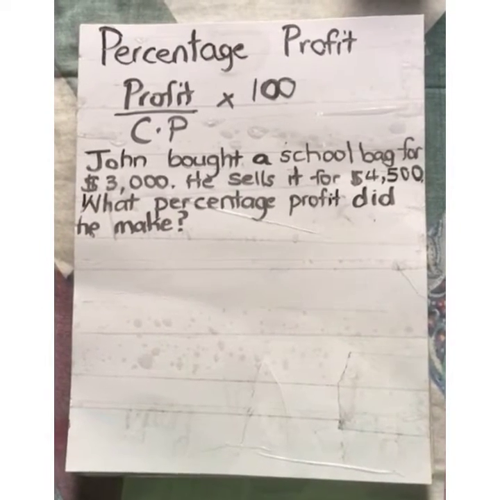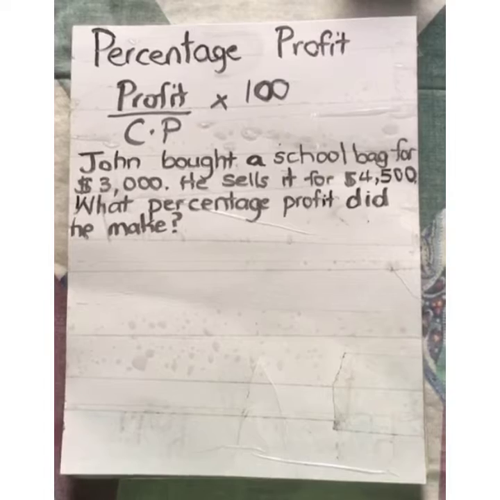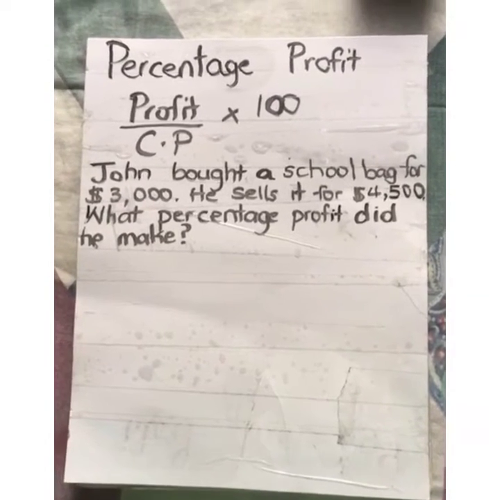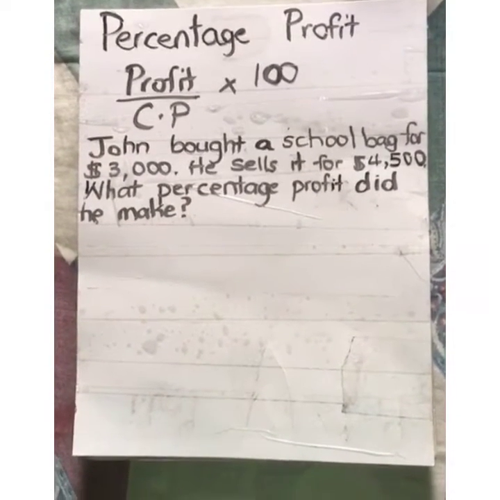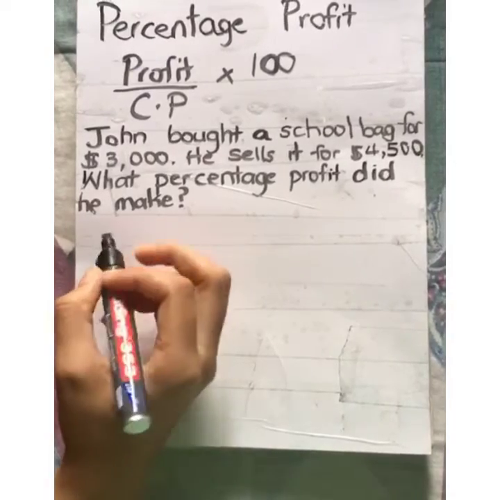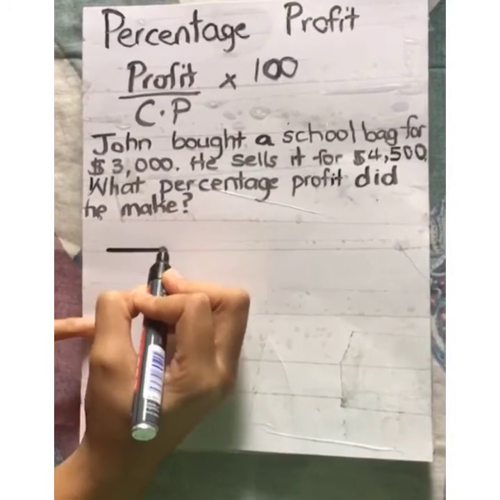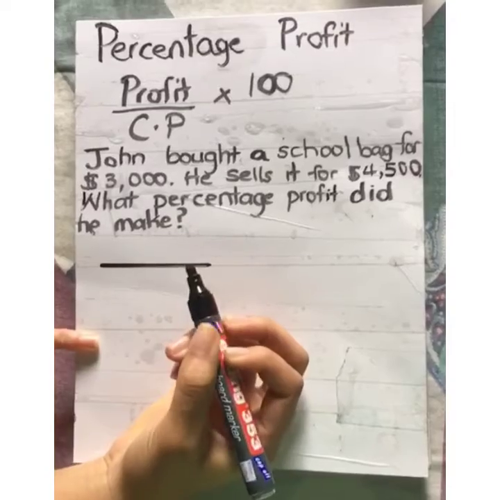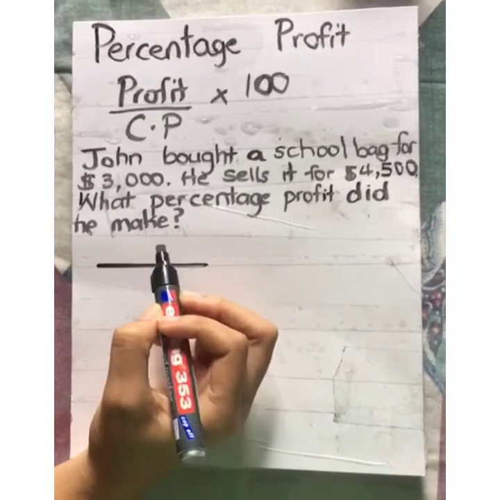John bought a school bag for $3,000. He sells it for $4,500. What percentage profit did he make? So we are going to calculate the profit, and we do that by saying the selling price subtract the cost price.